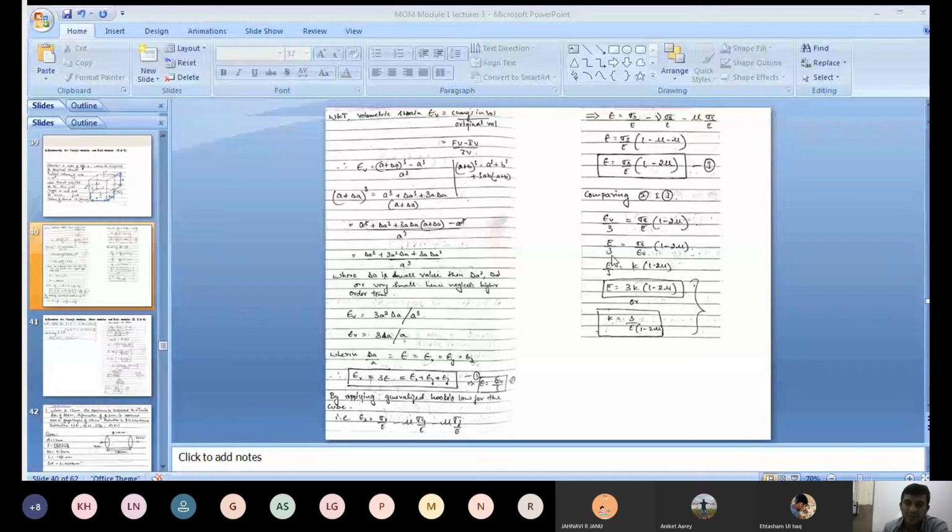This is a relation between Young's modulus and bulk modulus, and it is an important equation for your syllabus. This content is there under the heading volumetric strain and volumetric stress; you can check in your syllabus.